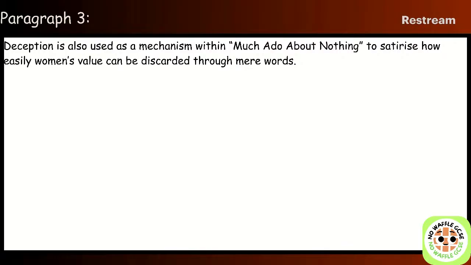Deception is also used as a mechanism within Much Ado About Nothing in order to satirize how easily women's value can be discarded through mere words. Okay, so through mere gossip, Hero was literally completely ripped apart by society. No one even asked her if it was true, which is just the funniest thing.